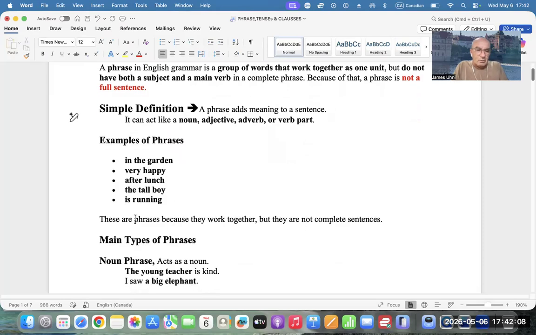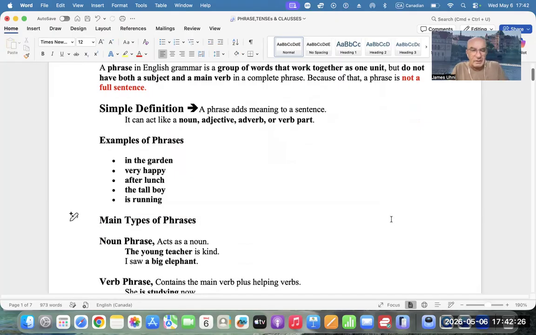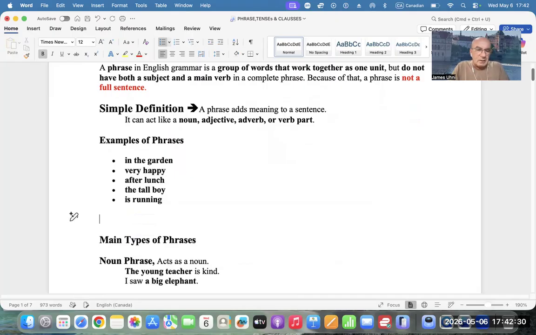Then these phrases, they work together, but they are not complete sentences. So again, this time I will delete this part. And instead of that, I will write a few examples. So I am resting in the garden.